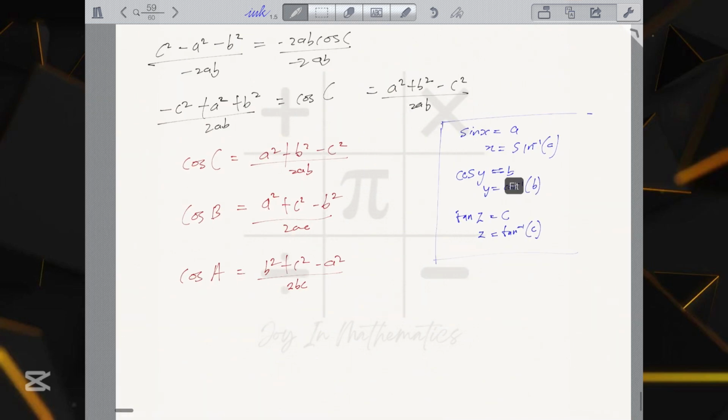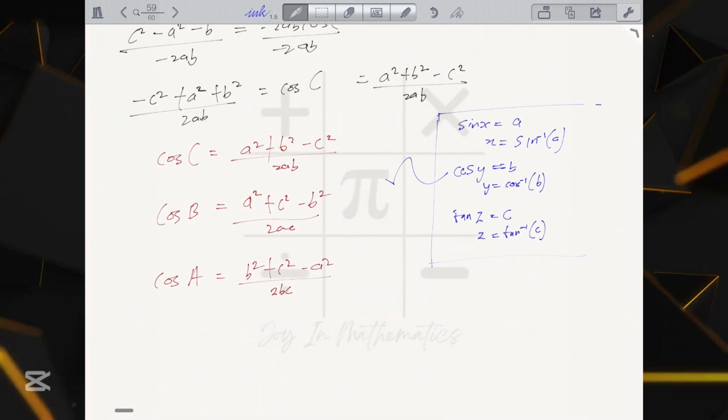So we will apply the arccos rule to these three, and we'll be able to evaluate the angles A, B, and C.